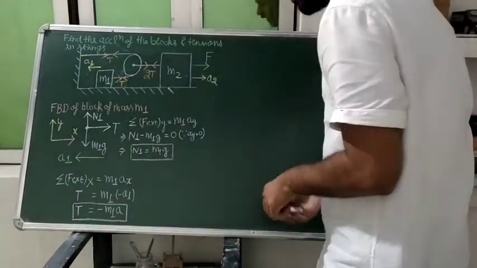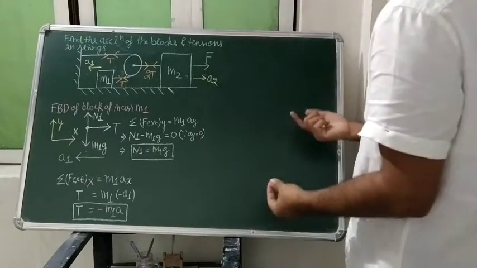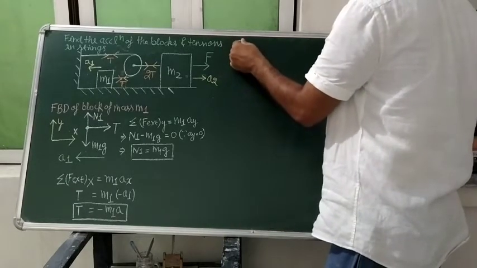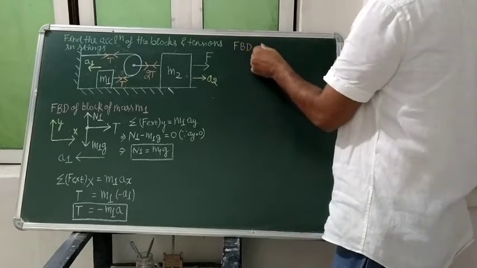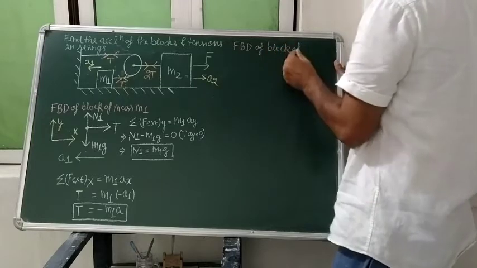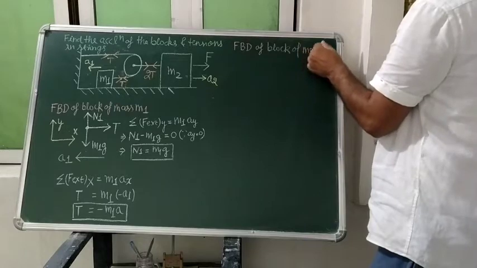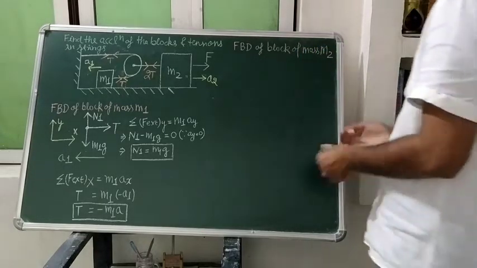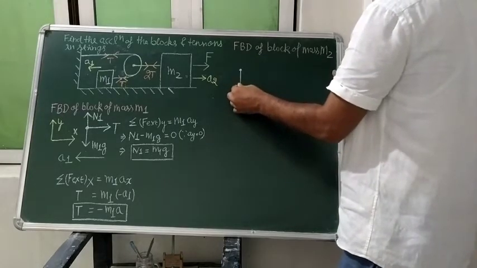Now we will move to the free body diagram of the block of mass m2. When you draw the free body diagram of the block of mass m2, of course force due to gravity is going to act in the downward side.